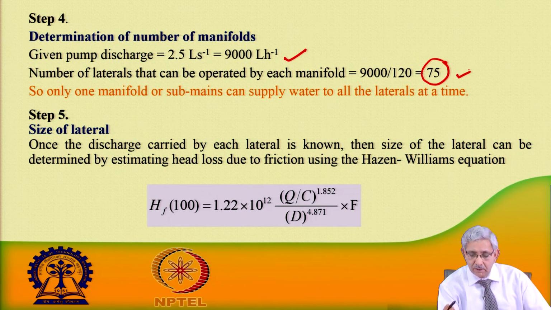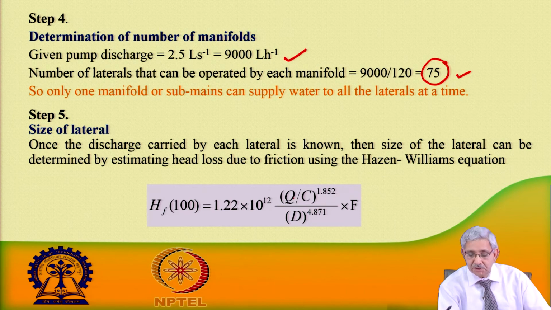These two equations are commonly used. The head loss due to friction from a 100 meter long pipeline using the Hazen-Williams equation is given by a unit constant, 1.22 into 10 to the power 12, multiplied by the discharge of one lateral, Q, divided by C to the power 1.852.